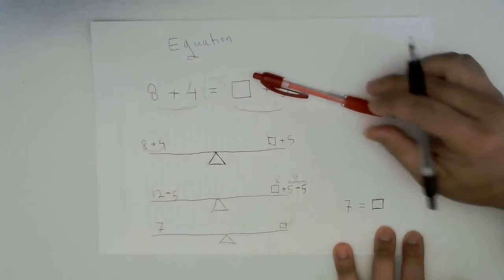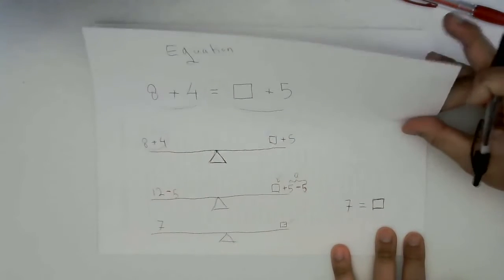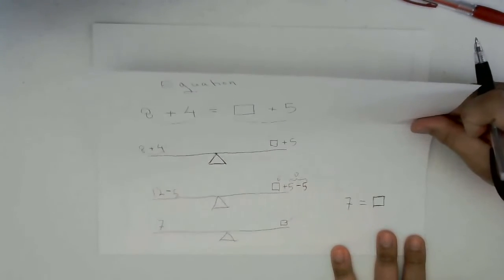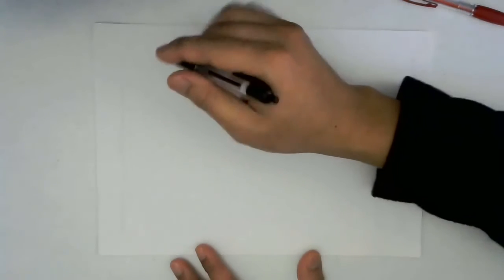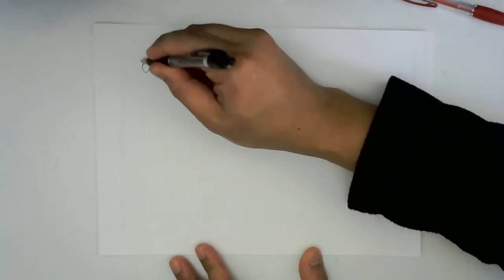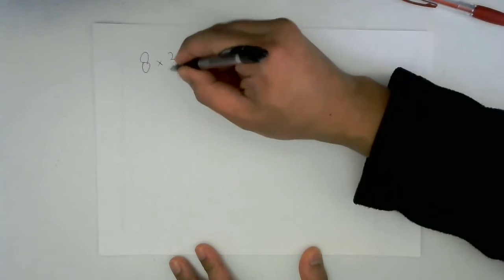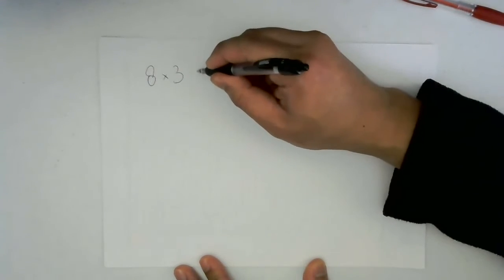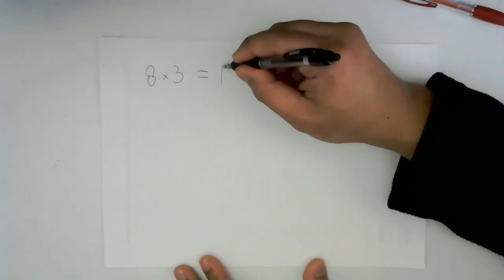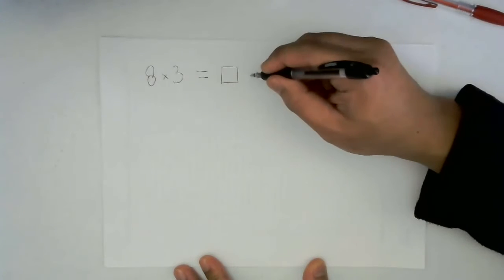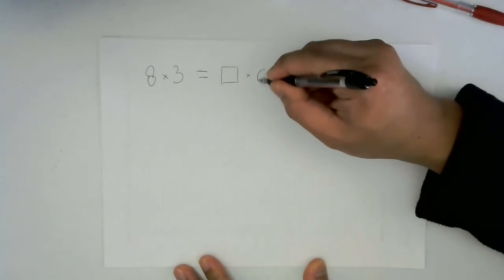Now let's try with some other practice here. For example, now if I have 8 times 3 equals something that we don't know, a box multiplied by 6.